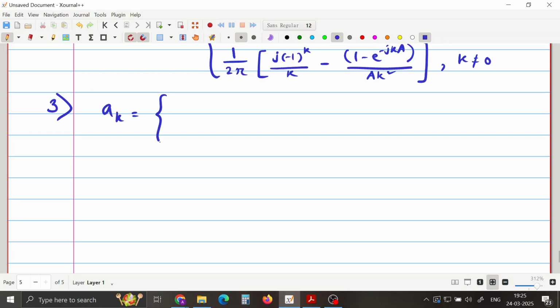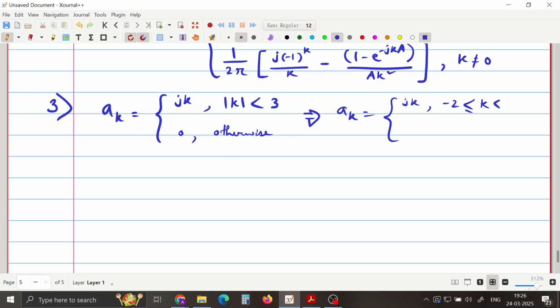AK is given to you. It is J times K for mod of K less than 3 and it is 0 otherwise. So this is the same thing as AK equals JK for minus 2 less than or equals to K less than or equals to plus 2.